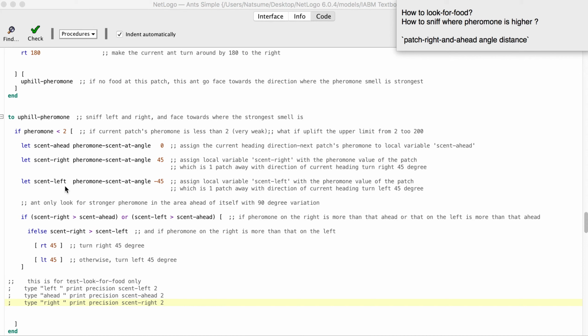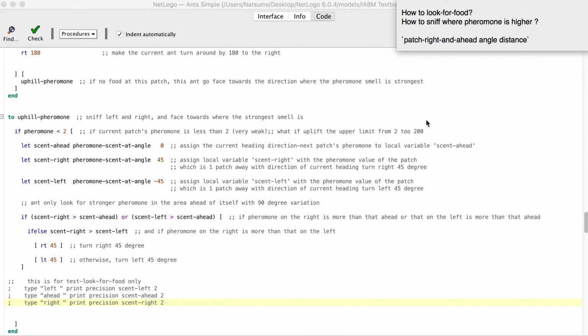So the ant, standing where it is, will sniff around in 3 directions: ahead, 45 degrees left, 45 degrees right, one distance away from where it's standing. We get the pheromone of these three patches and compare the values. And according to which has the largest value, we decide where to turn.